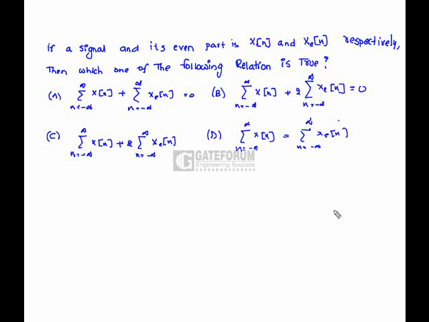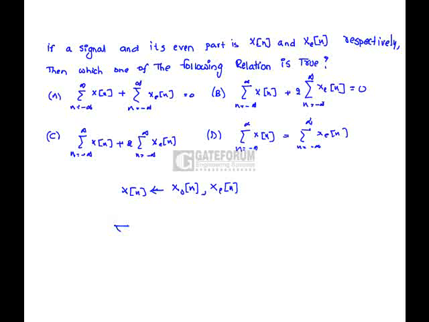If a signal and its even part are given as x of n and xe of n respectively, then which one of the following relationships is true? So x of n consists of both an even part as well as an odd part, xo of n and xe of n is the even part.